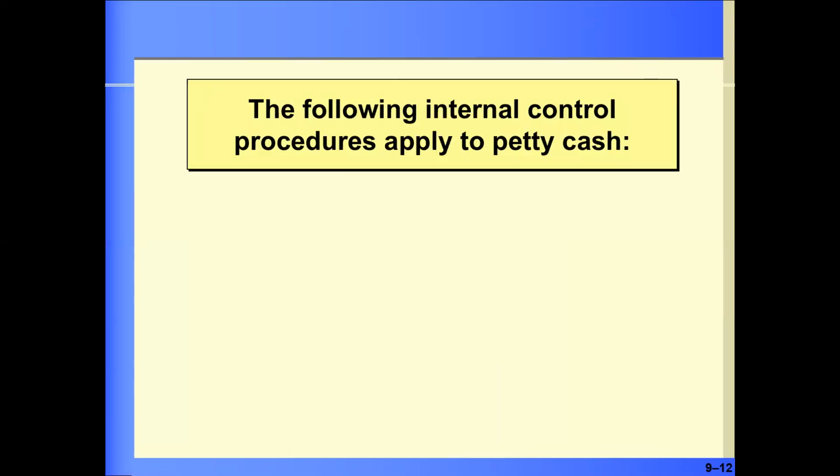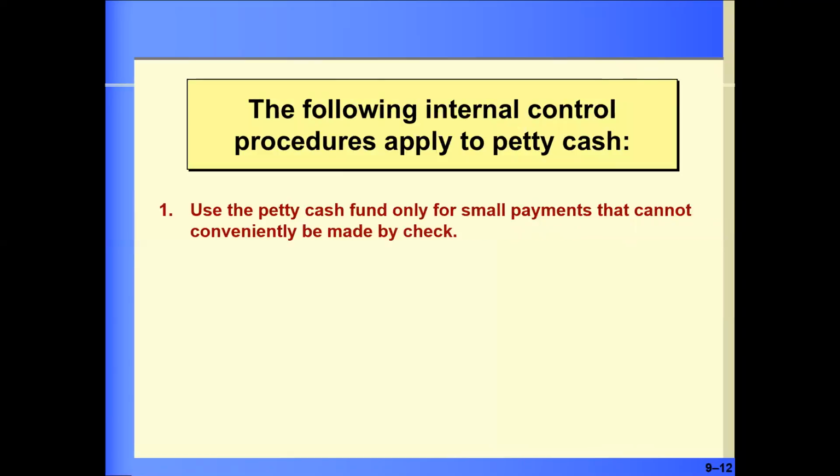Right. So internal control procedures to follow for petty cash. It's only used for small payments that cannot be conveniently made by check. So some examples of this could be paid on delivery.